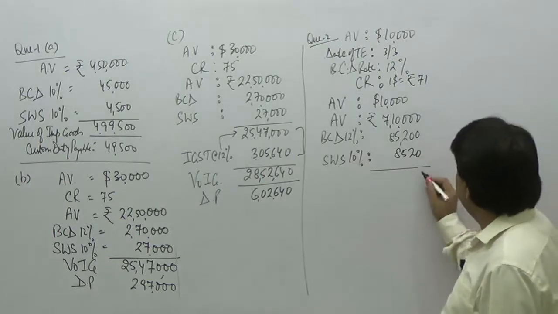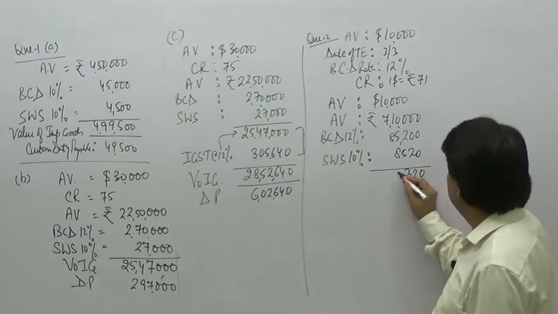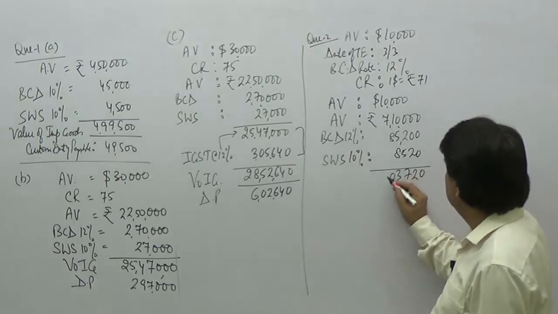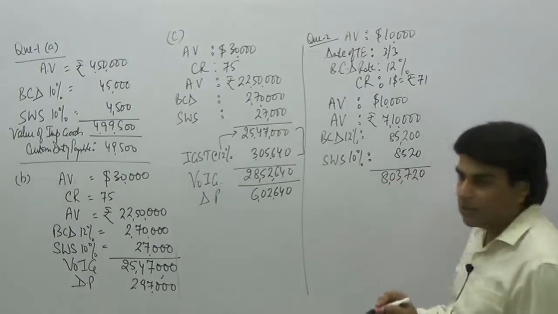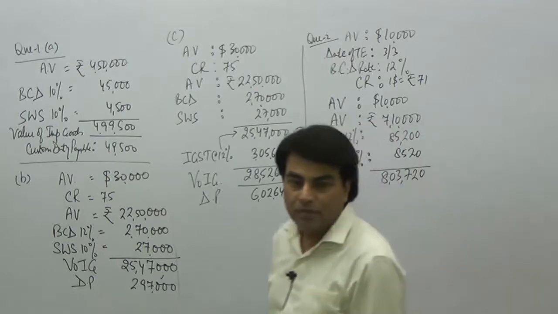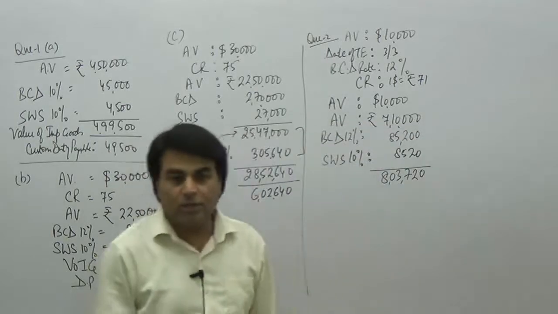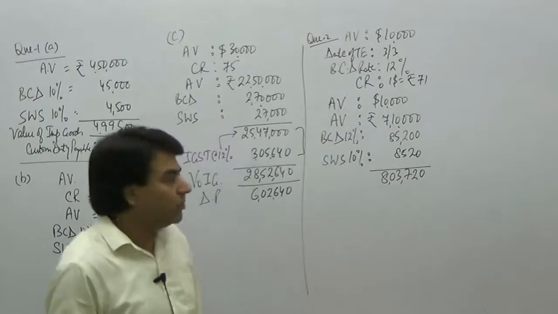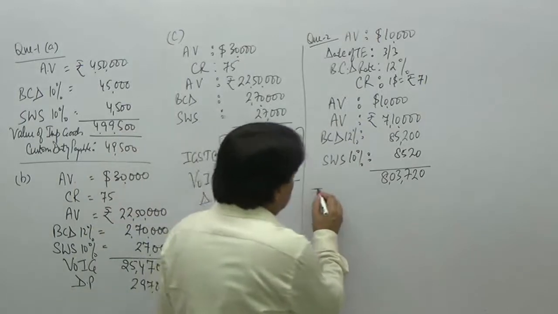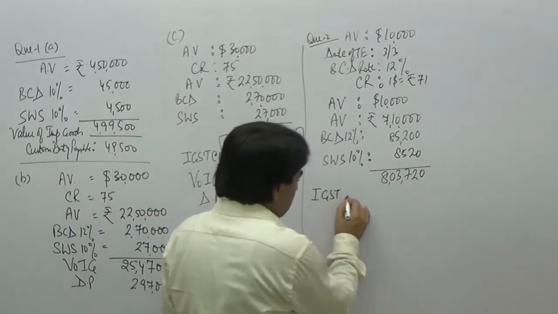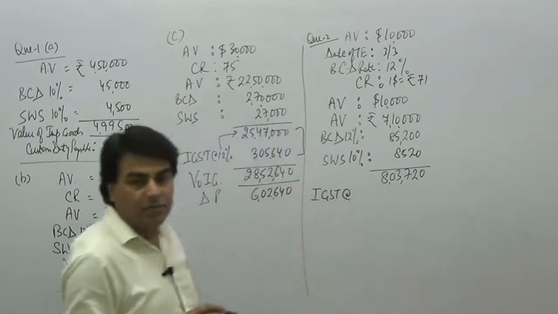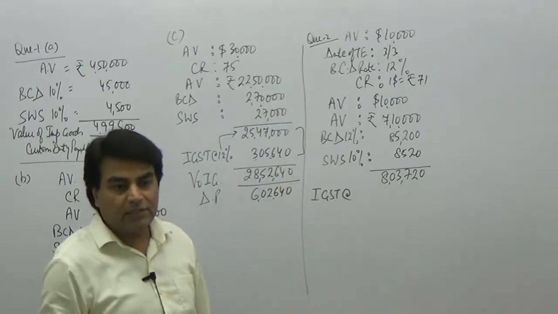The total of this would be 803,720. Okay, now on 803,720 you need to apply IGST. So IGST, and what IGST rate did we get? The IGST rate is 18%.